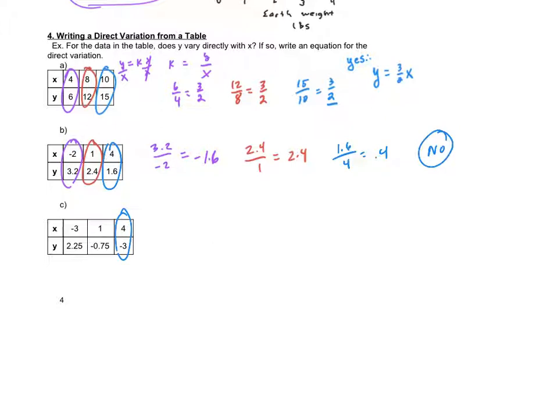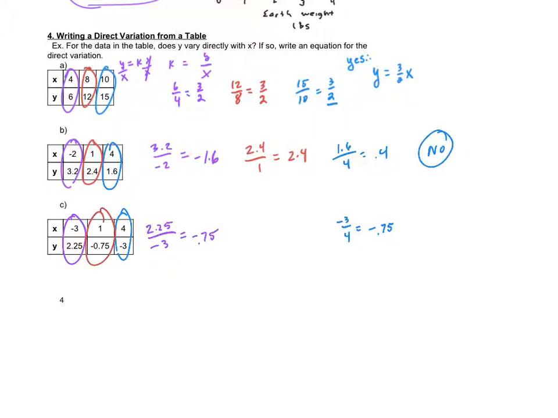And if I go on and do the following example, again, direct variation is y divided by x, so I have -3 divided by 4, which is equal to -0.75. I have 2.25 divided by -3, which is equal to -0.75.